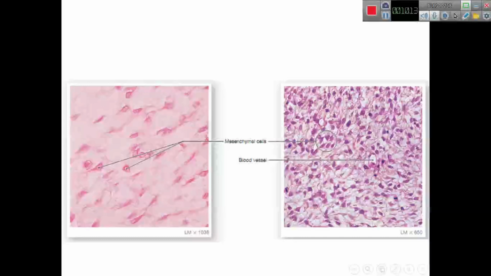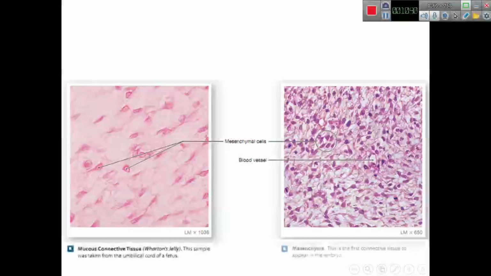Let's see by pictures. You can see two pictures from two connective tissues. These are the nuclei of the cells. Here and also in this part, these are nuclei. In which picture can you see a lot of cells? Yes, exactly. Here we have a lot of nuclei. So we call this connective tissue mesenchymal connective tissue.